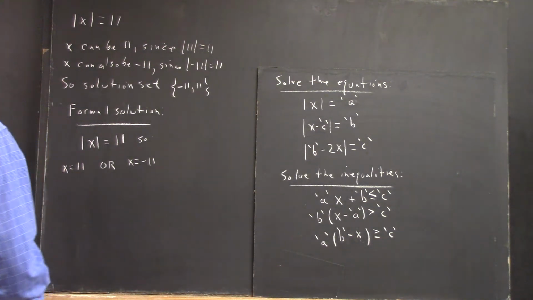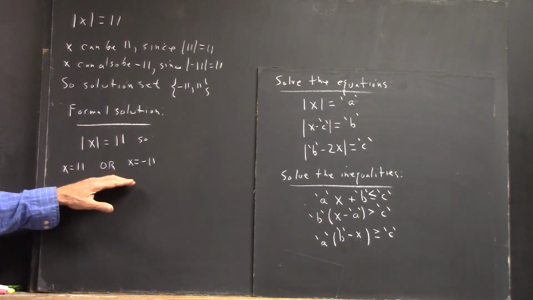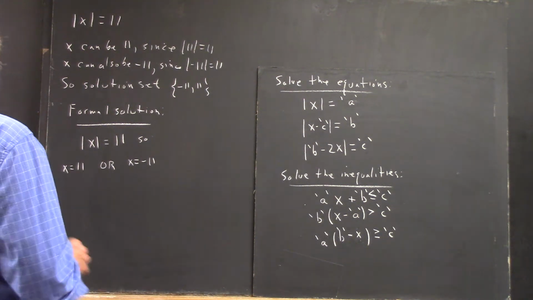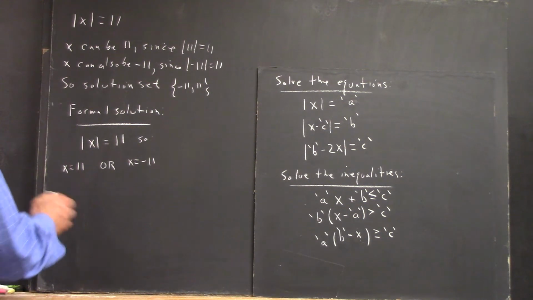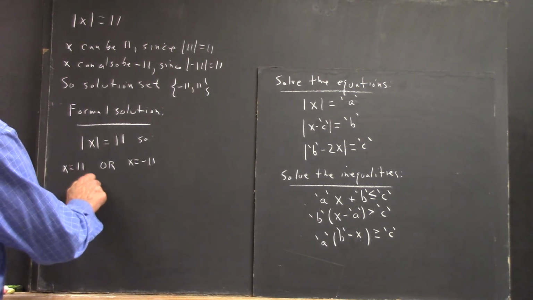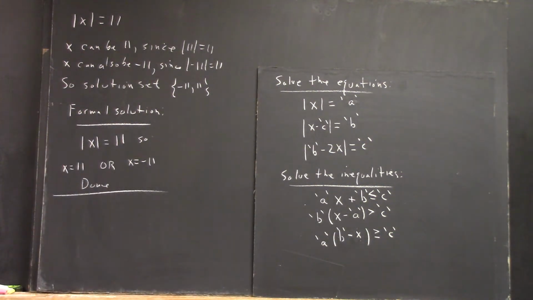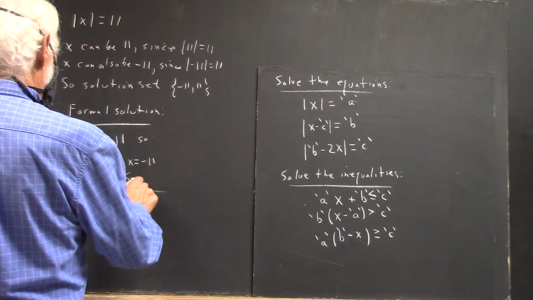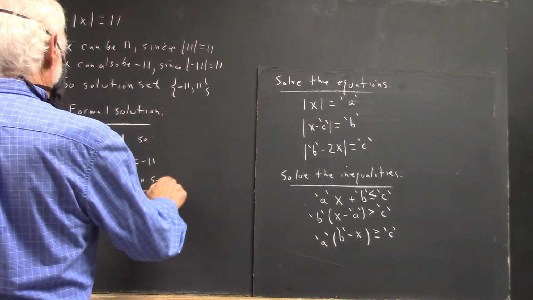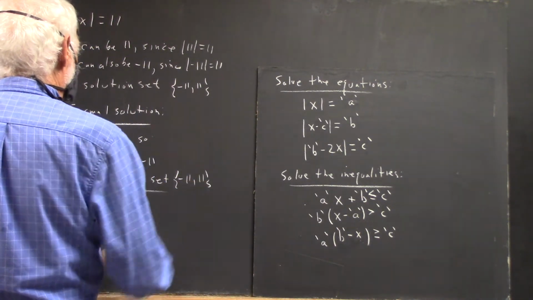So you want to write that out exactly like I wrote it out. If you're not writing it out this way, many of you are, then you need to be. Okay, well, that's it. So we're done. The solution set, negative 11, 11.